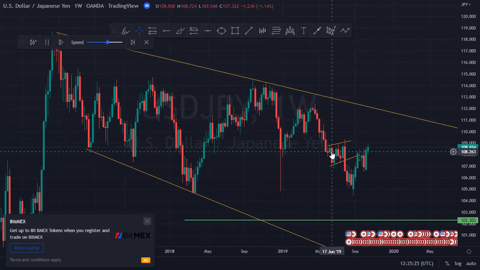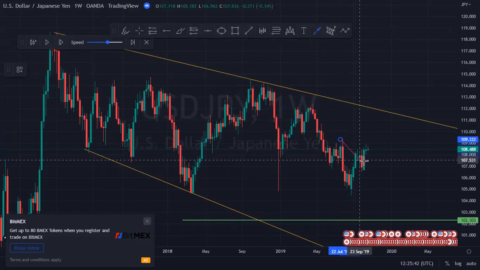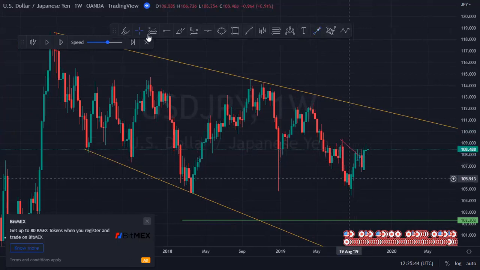Right now, let me just pause. Like I said before, guys, after this engulfing candle, this one, I would have entered sales, right?